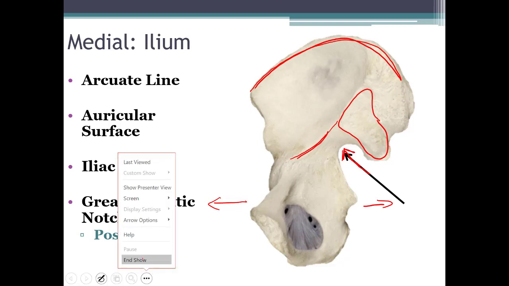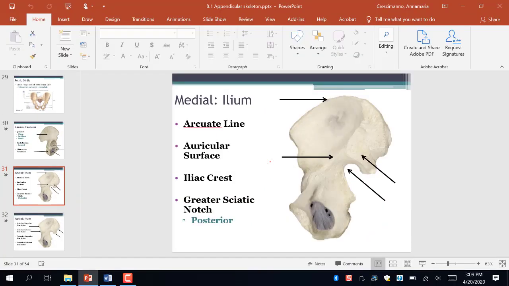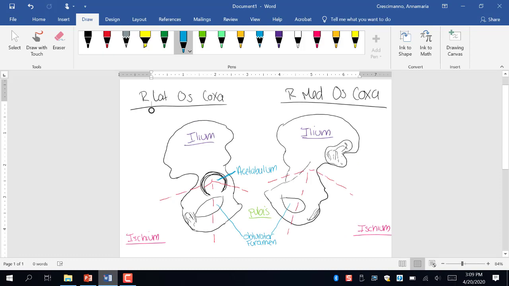So going back to our picture, here, again, focusing on the medial side, I have the arcuate line right there. I'll darken it up.